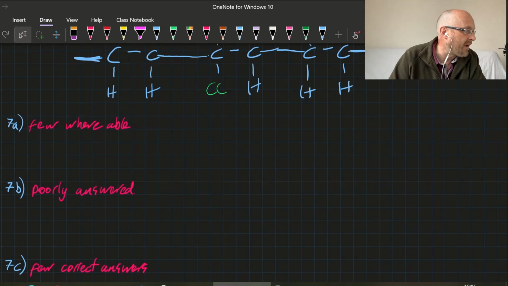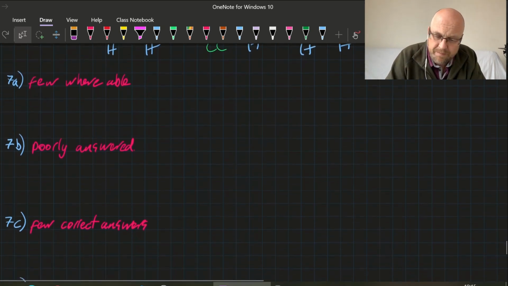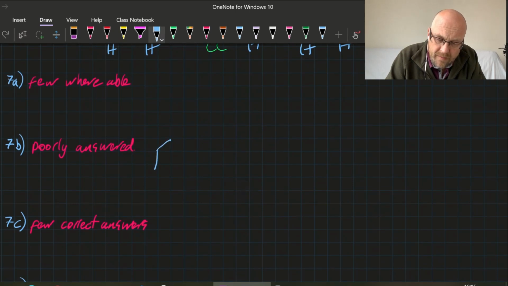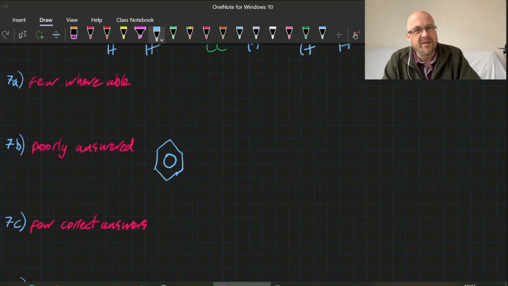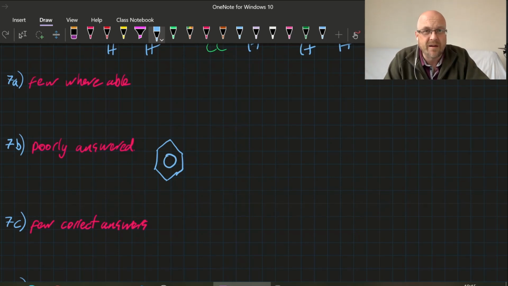Okay, so the reaction between benzene and bromine and cyclohexene and bromine. So my benzene here. Now benzene, you break that ring, it's going to remake it. Benzene likes to substitute, likes to swap out hydrogen for whatever you've got, but you're not going to be breaking that ring apart.